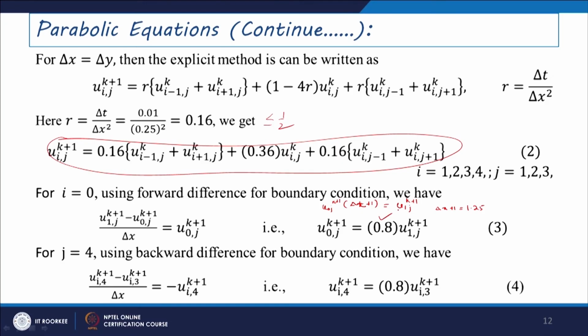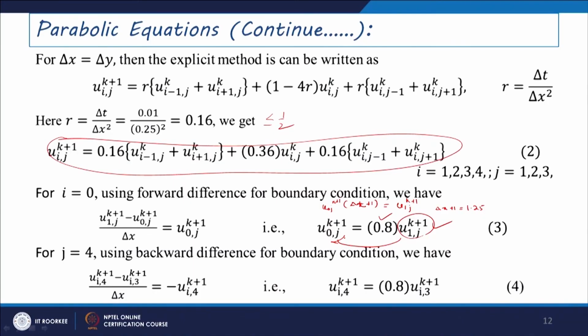So that is why it is written as u0j^(k+1) equals 0.8 u1j^(k+1) here, and this value will be updated from the value that has been considered as u1j^(k+1) here. And whenever u1j is computed by considering the last boundary, that value will be taken in the preceding manner and it can be updated with this value here.